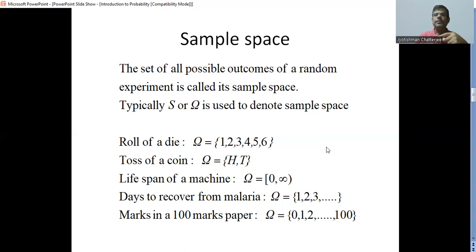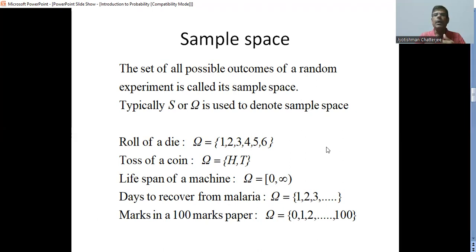Lifespan of a machine. Say, if we are studying the lifespan of a machine or equipment, the outcome can be any number starting from 0, including 0. The equipment might be non-functional to begin with. In that case, it will be 0, or it can be anything, say 3.5 hours or 16 years.